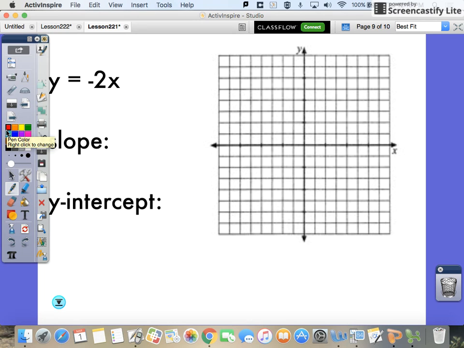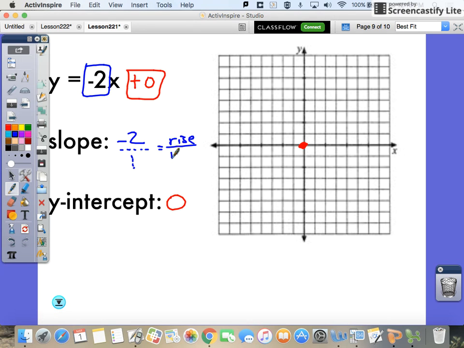All right, this one, our y-intercept, there is no number. What that means is it's like plus 0. Then our slope is -2, but it's like -2/1. So we could also do 2/-1, same thing.